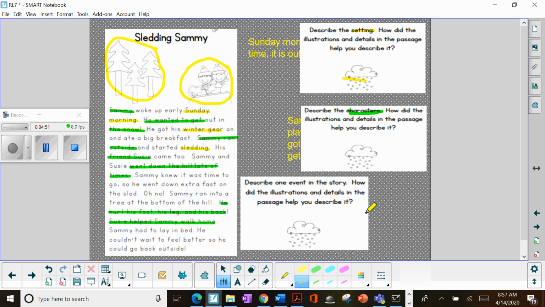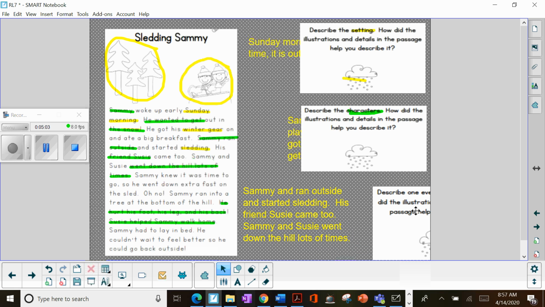Okay. Now, the next one is to describe one event in the story. How did the illustration and details help you to describe it? Okay, so let's move this. So Sammy ran outside and started sledding. I'm going to highlight in here. He ran outside and he started sledding.